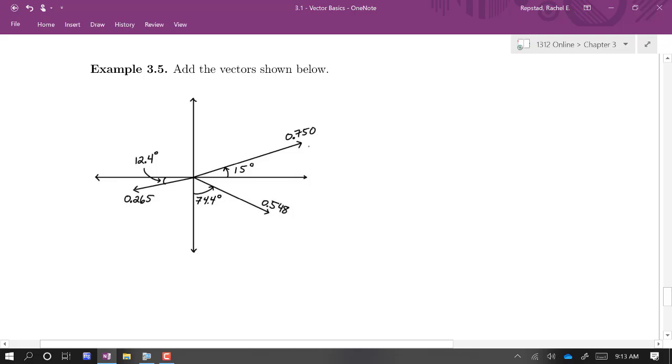The first vector, I'll call this V1. So V1 has a magnitude of 0.750 at an angle of 15 degrees. V2, I'll label V2 as this vector over here in quadrant 3. Its magnitude is 0.265.